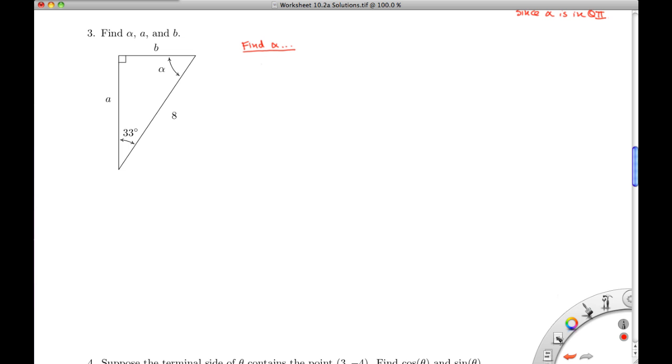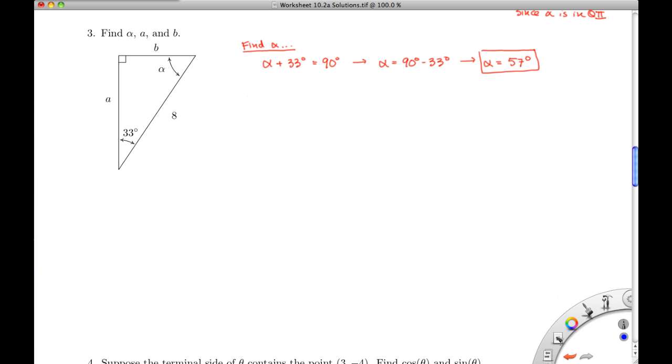So we know that alpha plus 33 degrees has to equal 90 degrees. So that means that alpha will have to be 90 degrees minus 33 degrees, which tells us that alpha will be equal to 57 degrees. So that was pretty straightforward, as long as we keep in mind what it means for two angles to be complementary.